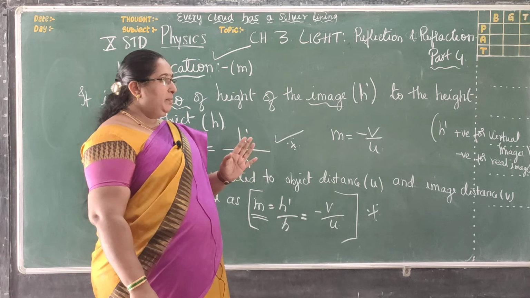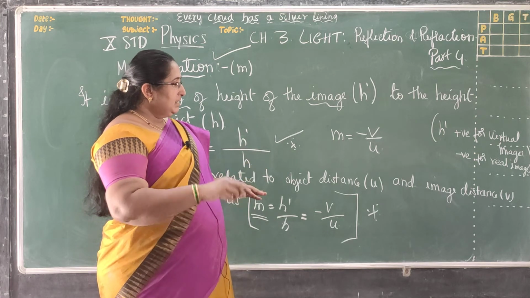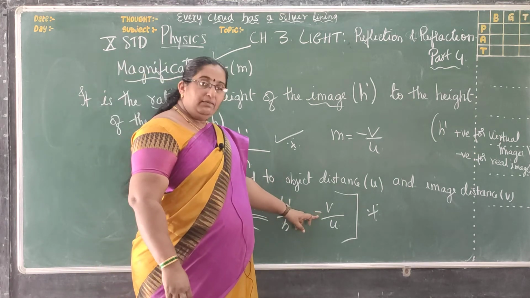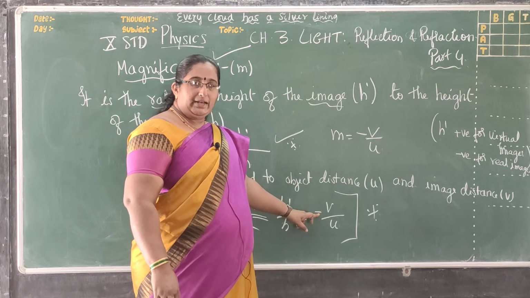A virtual image will be positive because it is upright, and a real image will be inverted, so it is negative.